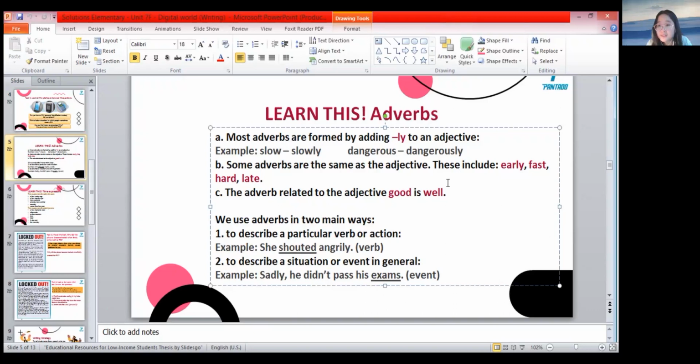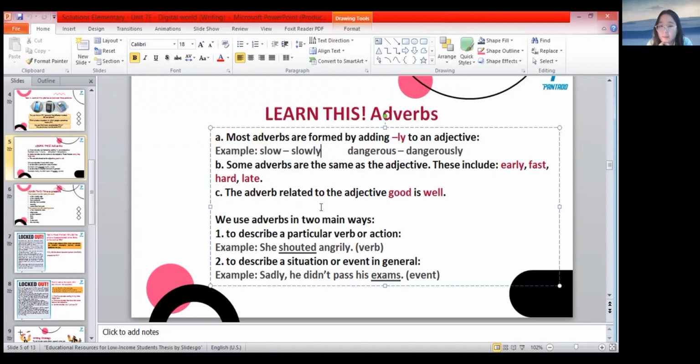Adverbs are words formed by adding "ly" to an adjective. So we have the adjective slow. If we want to change it into an adverb, we add "ly" after the adjective. Slow into slowly, dangerous into dangerously.